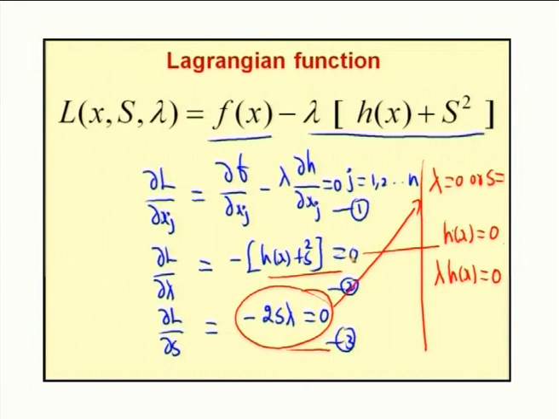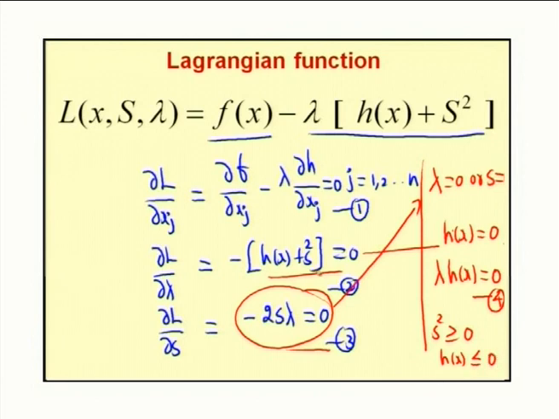So, by making use of equation 2 and 3, we will get the equation as lambda into h of x equal to 0, we name it as equation 4. Now, the slack variable is introduced merely to convert the inequality constraint into equality constraints. Moreover, since s squared is non-negative, we have h of x less than or equal to 0.